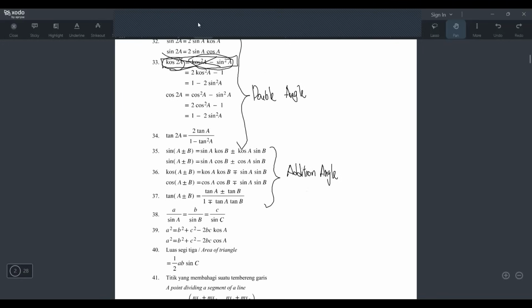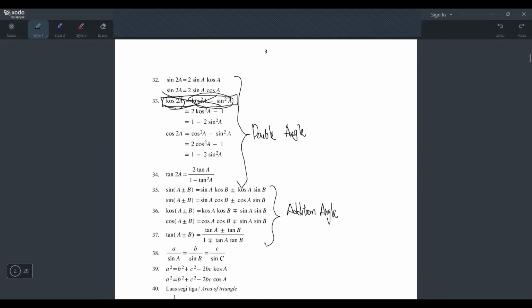And let me tell you, you will use the addition angle formula, right? You will use the addition angle formula to derive this formula, because cos 2a is the same as cos a plus a. When you have a plus a, you will get cos 2a. So you'll be using this formula to prove, right? Let's write down this formula.